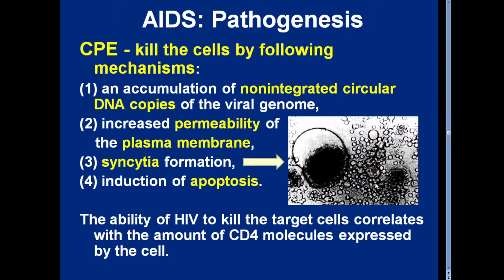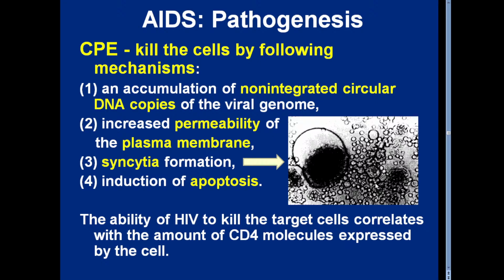How do HIV viruses destroy immune cells? The first, as we said, is the accumulation of non-integrated viral DNA copies in the cell, which initiates cytolysis of the cell. The next is increased permeability of the plasma membrane, because when the virus is released by budding, it damages the membrane of the host cell.